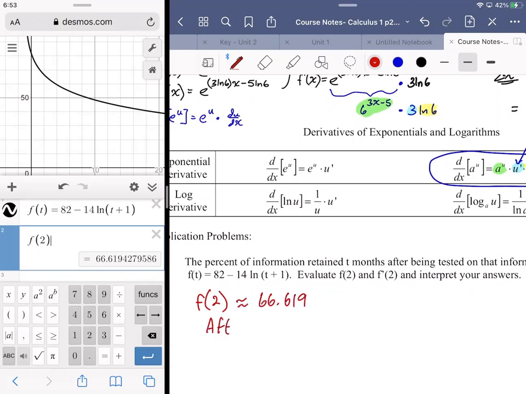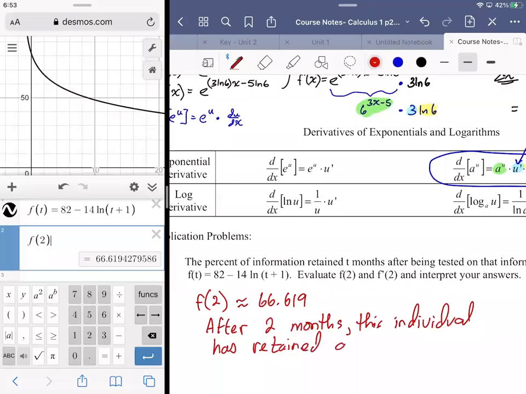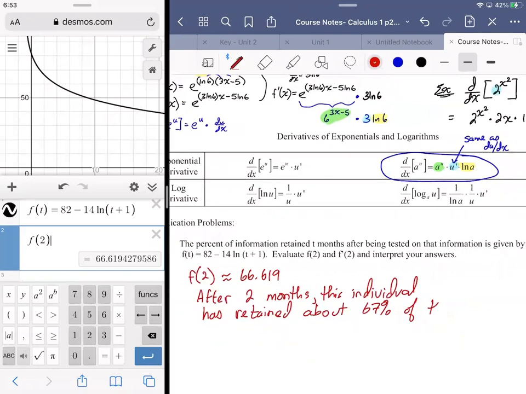And so that means that after 2 months, this individual has retained about, I put the rounded form, so I could say about 67% of the information. So that's fine. That's something that you could conceptually wrap your brains around, I think. It's nothing too out there conceptually.